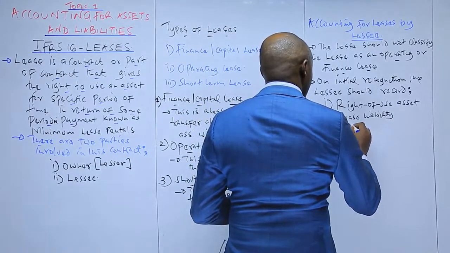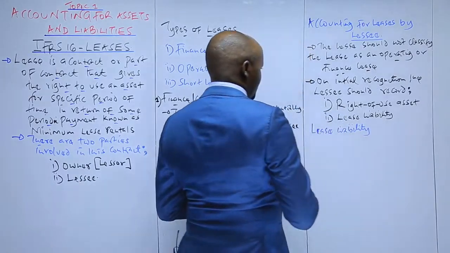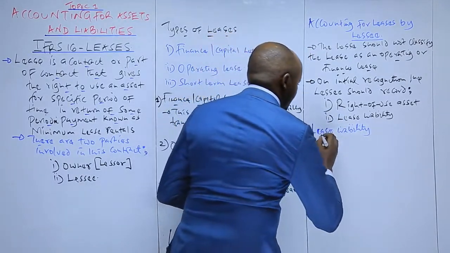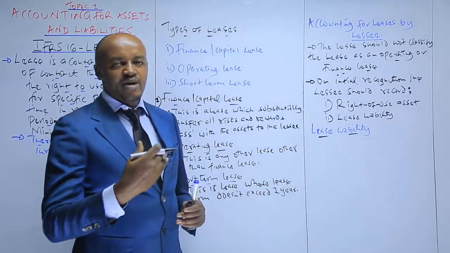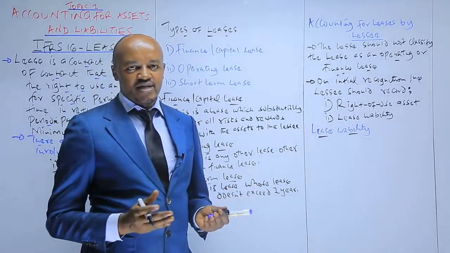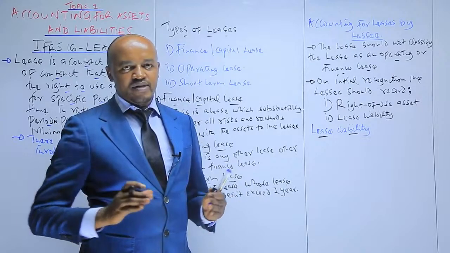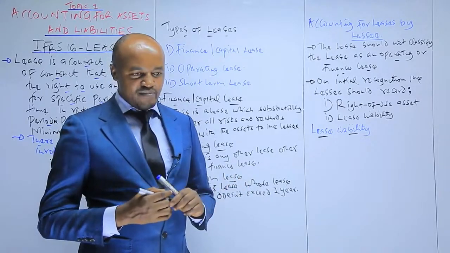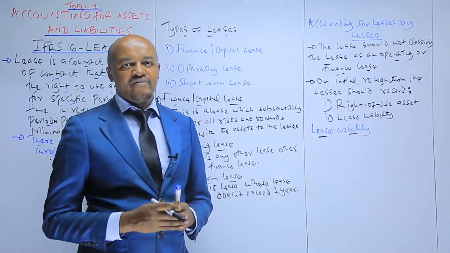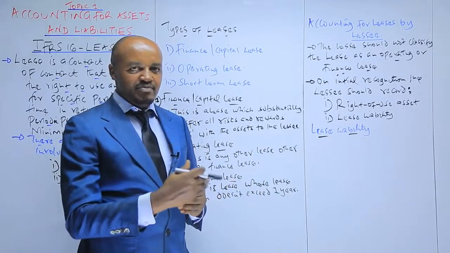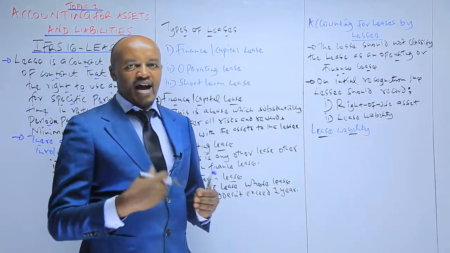The lease liability essentially represents the present value of the minimum lease rentals which the lessee is expected to pay. So if, for example, you lease an asset for the next 5 years, then there are minimum lease rentals you should be paying annually.